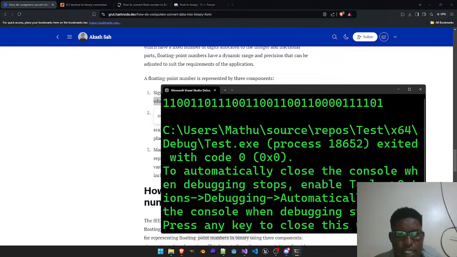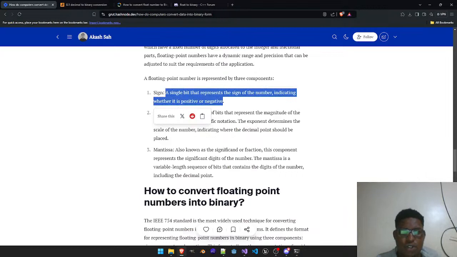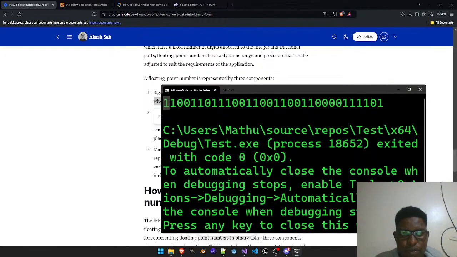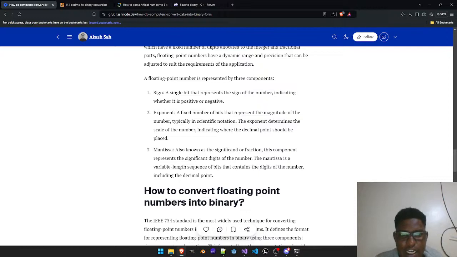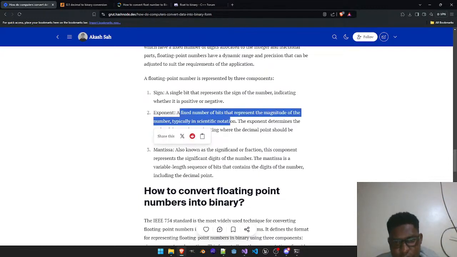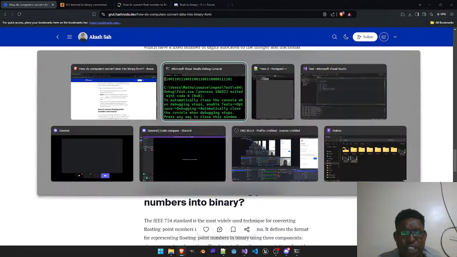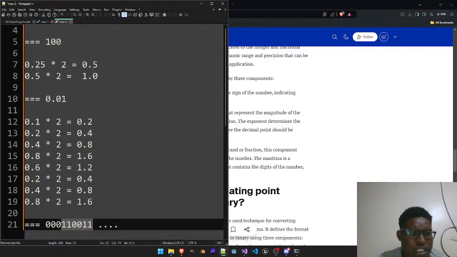The first bit will represent whether the number is positive or negative, which would make sense, because if we just have a number, we don't know its sign. So 0 for negative, 1 for positive, and then we have an exponent. An exponent is a fixed number of bits that represents the magnitude of the number, typically in scientific notation.